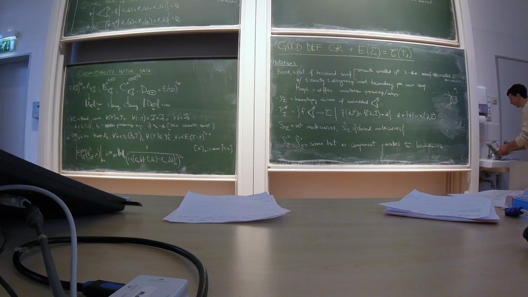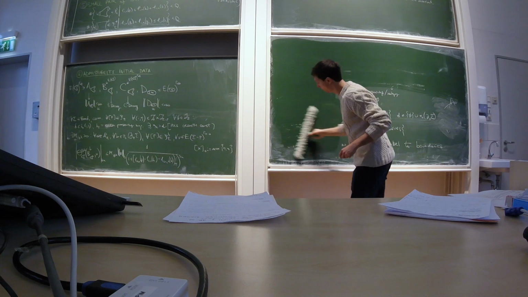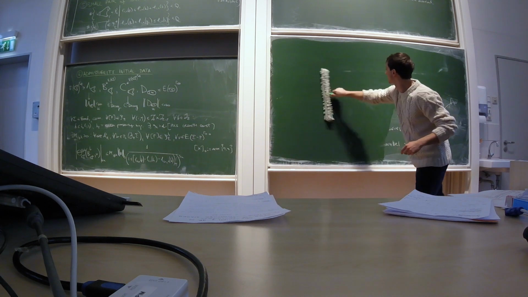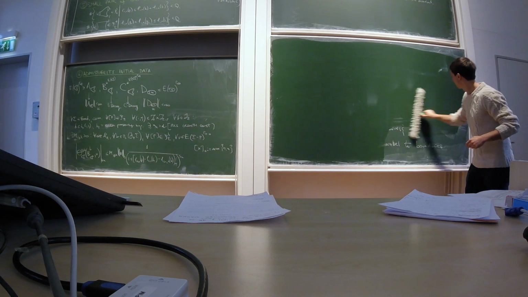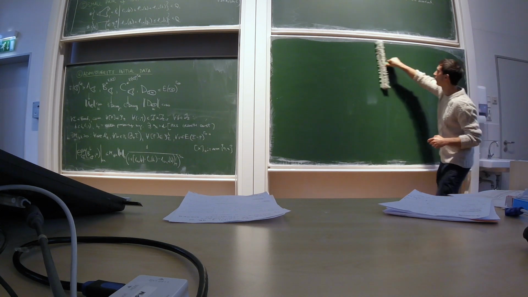Okay, now we're going to give an idea of the proof. And the proof will go by induction on the Euler characteristic. So the first case is when the Euler characteristic is equal to -1.